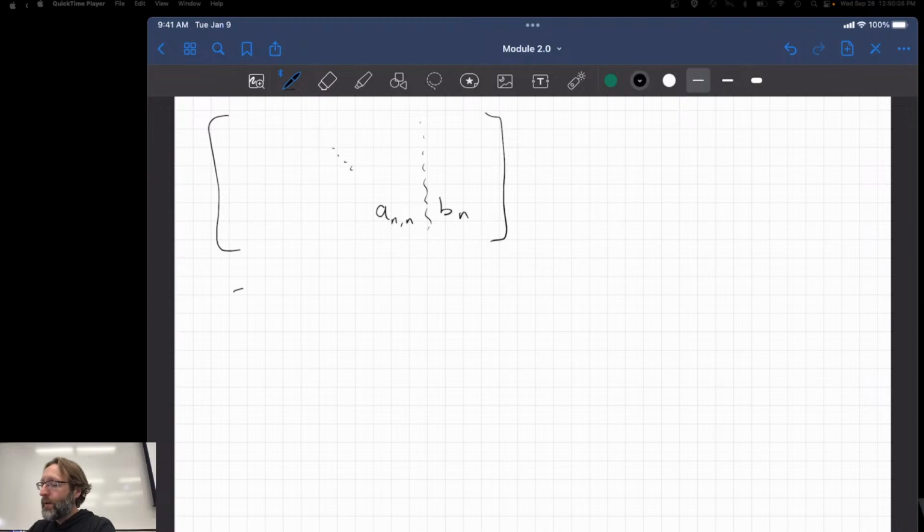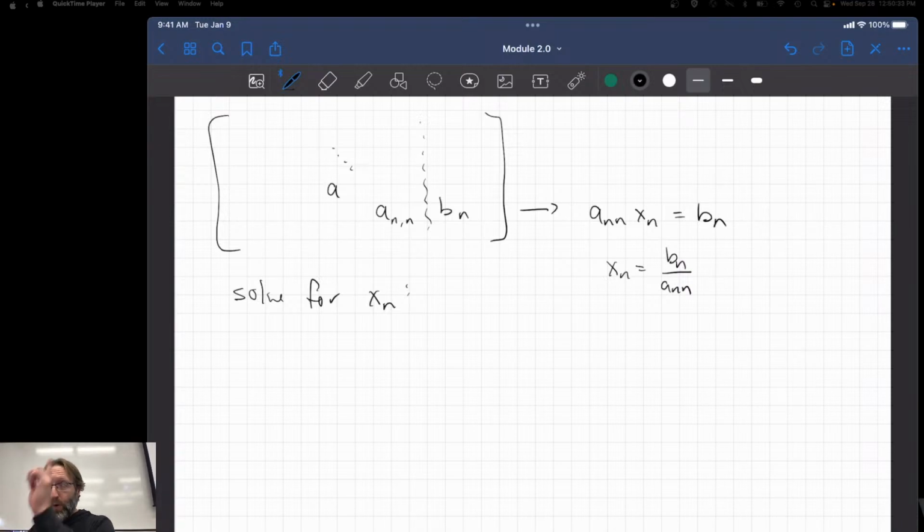Let's think about the first solution here. How do I solve for x n? Well, draw this equation out. This is a n n times x n is equal to b n. So what's the solution for x n? x n is equal to b n over a n n. That's the first one. Now think about the next one, the one above that, as you work your way up.